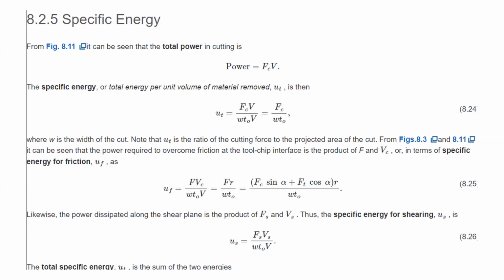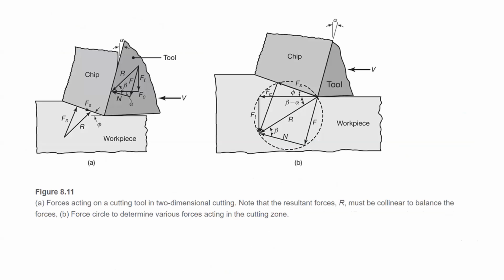Okay, so now this one is VC and V. How can we calculate the VC and V? Because the chip, right? T0 multiplied by the V equals VC multiplied by the T. So this is my material I just removed.